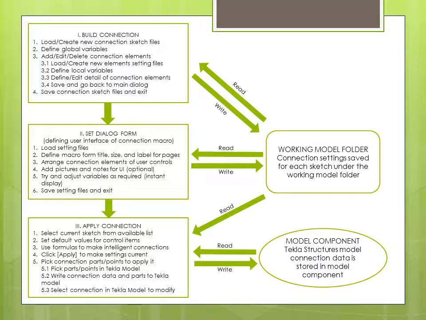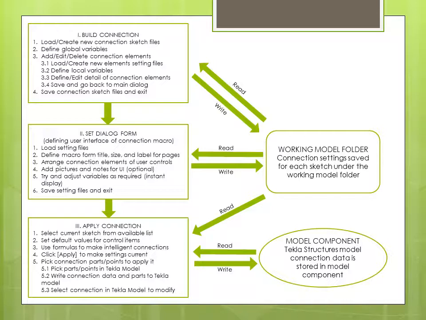Here's a diagram of how the three modules interact with one another. In the first module, we can build connection sketch files. It allows us to define global variables, adjust connection elements, and save the connection sketch files under the working model folder. The second module allows us to set the dialog form.